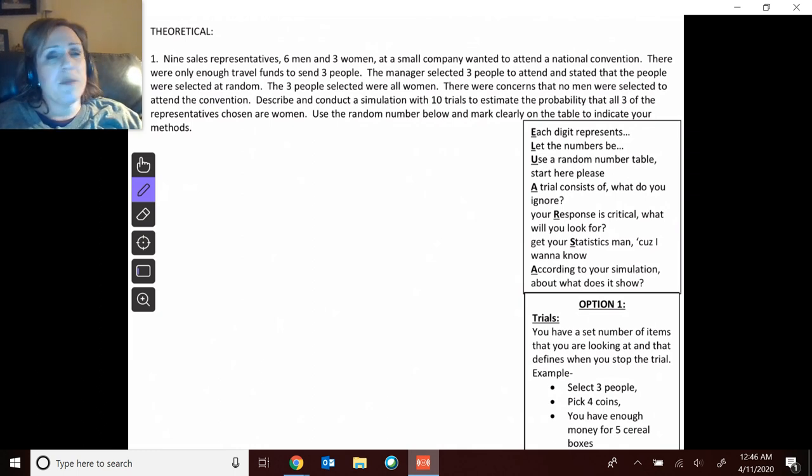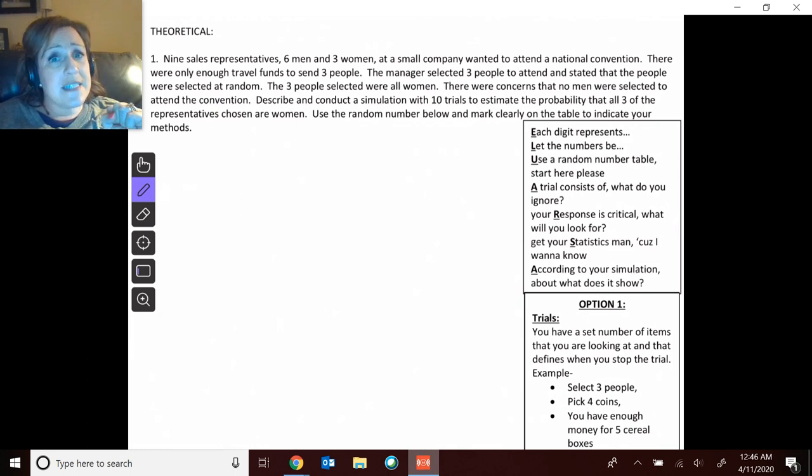Okay, so you're going to put all of their names in a big bag, shake well, and pull out 3 people's names. Well, the manager selected 3 people to attend and stated that they were selected at random. So everybody had an equally likely chance. All the different types of samples of size 3 had an equal chance of being chosen.